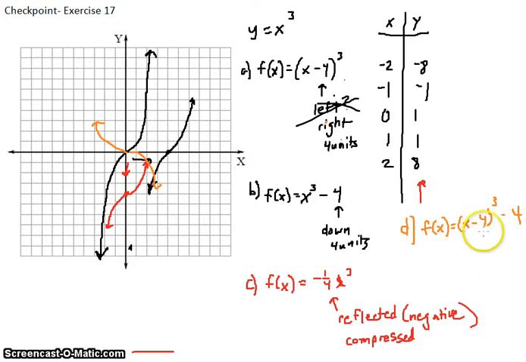So the question is, what do these do? Well, we just got done saying that this was right and this one was down. Now we're doing both. So we're moving it right and we're moving it down. So it's going to start right there and it's going to scale up.